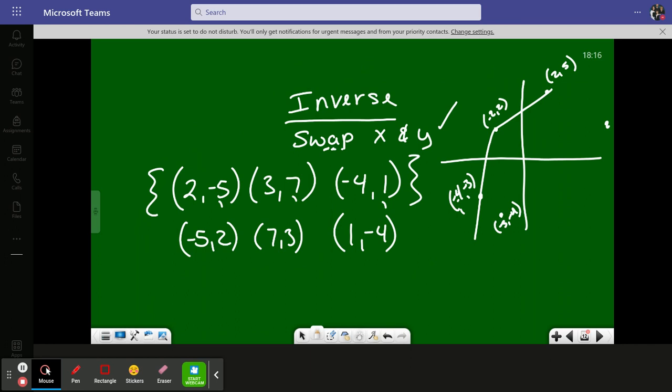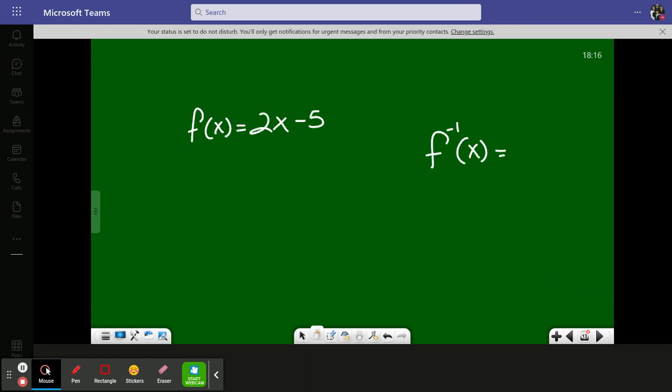Instead of plotting -2, 2, I'm going to plot 2, -2, and instead of plotting 2, 5, I'm going to plot 5, 2. Right? Yes? Okay. So serious tonight. All right. Inverse is swap. Yes? The only thing we've talked about tonight that was tricky was that domain business. Yes? Okay.